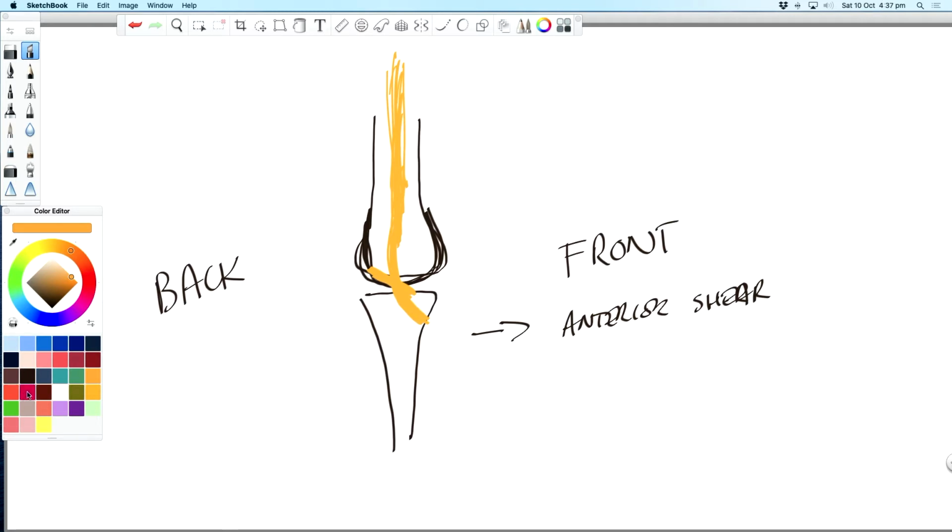And behind the thigh, you have the hamstring muscles, one of which is called semitendinosus. That's one of the inner hamstrings, and its tendon runs on the inside of the leg, almost exactly parallel with the anterior cruciate ligament and the insertion of the IT band.